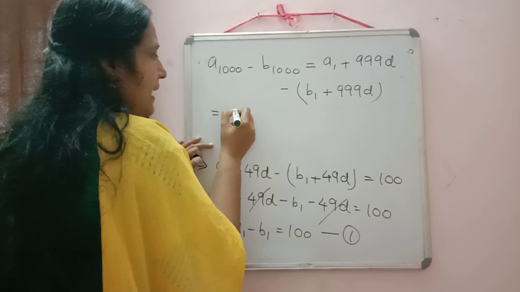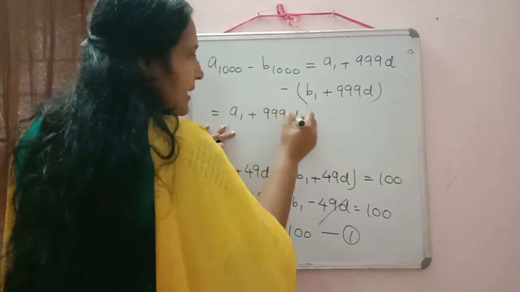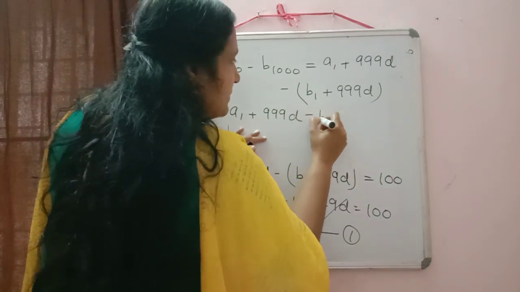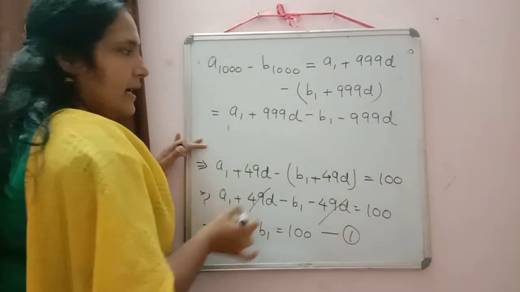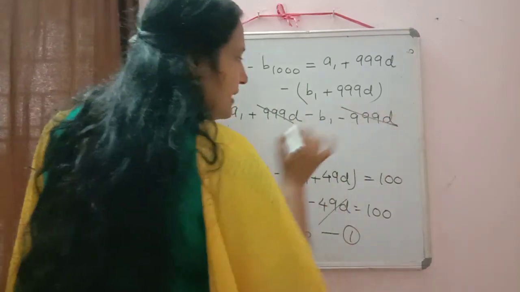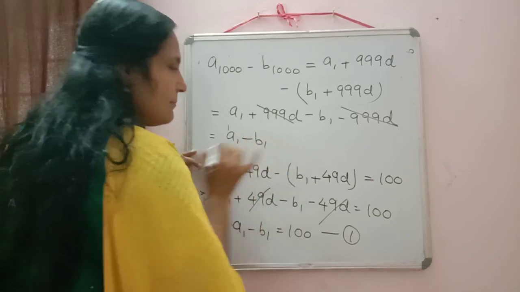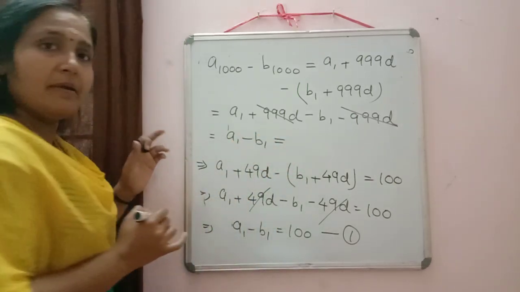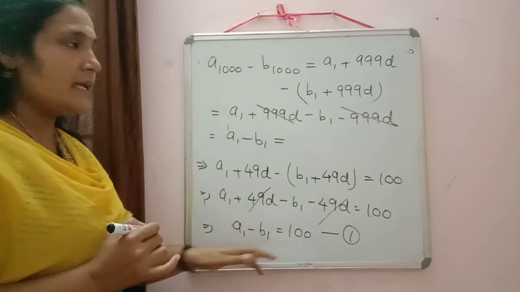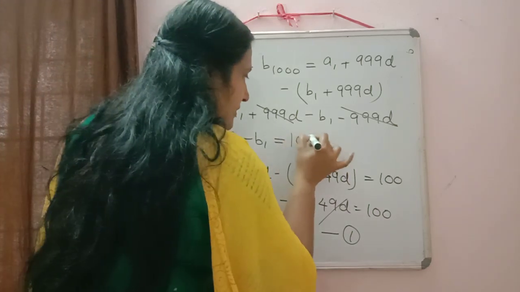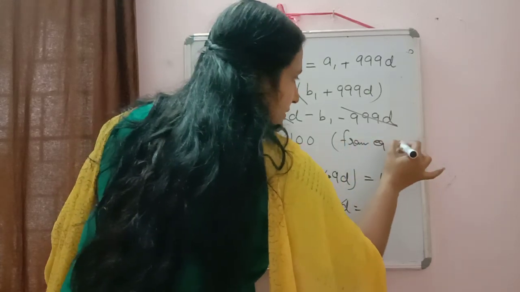Now we will open the bracket. Then it will be equal to A1 plus 999D minus B1 minus 999D. Again 999D will get cancelled. We will get here A1 minus B1, and A1 minus B1 we wrote here is equal to 100, from equation 1.